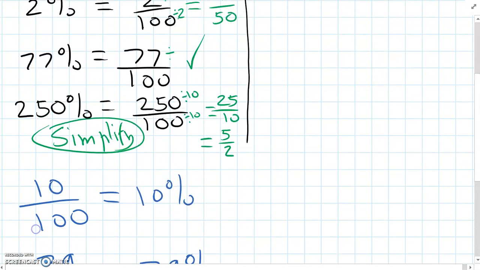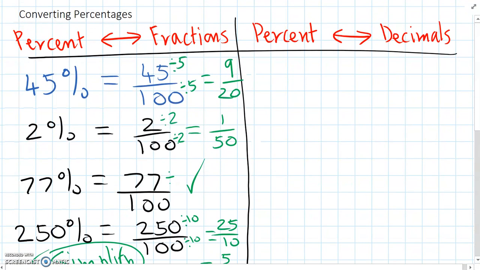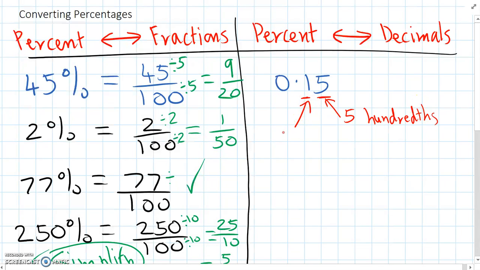With decimals, it's a little bit different thinking, but we can think about the place values again. So if we have a decimal that is 0.15, here we have the tenths place value and the hundredths place value. So we have 5/100 and 1/10.